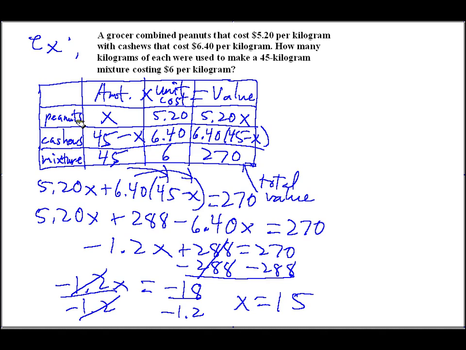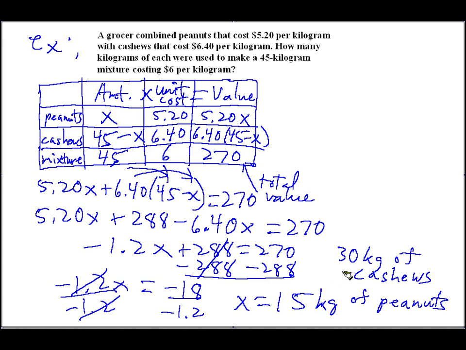X is the amount of peanuts in kilograms. So that's 15 kilograms. So we need 15 kilograms of peanuts to make this mixture. How much cashews do I need? Well, 45 minus 15, so 30. So I need 30 kilograms of cashews to make this mixture.